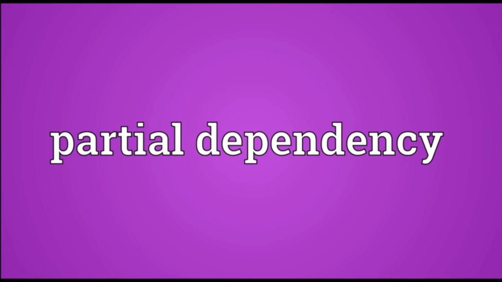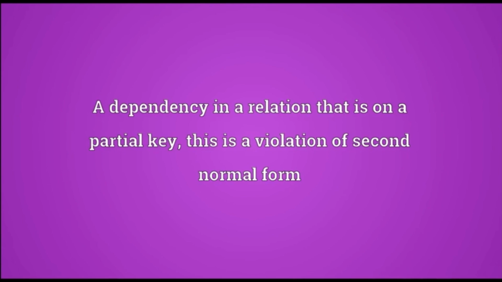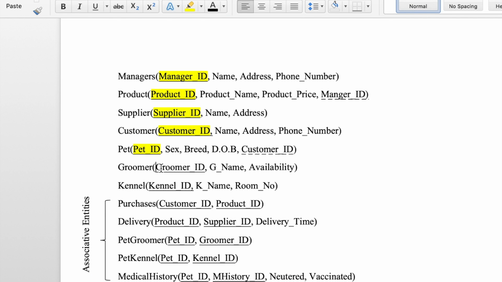The next step is to remove any partial functional dependencies. Partial functional dependencies can only occur if there are composite primary keys. Because we designed all of our original tables to have a single primary key in the form of an ID number to uniquely identify each row, our tables are also already in second normal form.